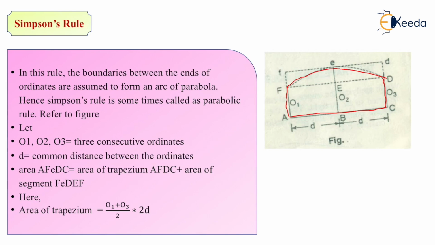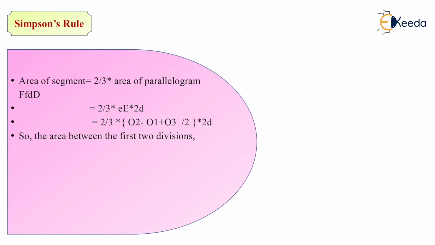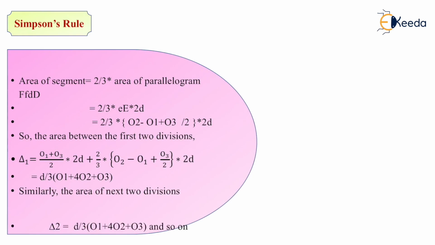So the area of trapezoid we can calculate by using a simple formula, that is the average of ordinates into 2D, double the distance. And to calculate the area of segment, that is the curve portion, it is 2 by 3 into the area of parallelogram. So that can be found out by using a simple formula. Then we have to add both the areas to get the area of that single figure.